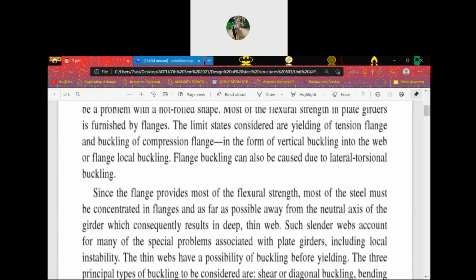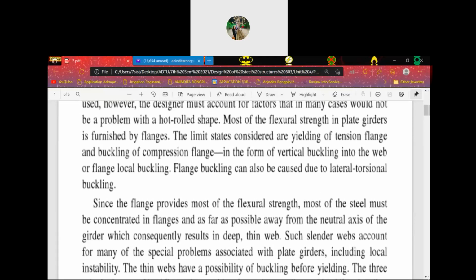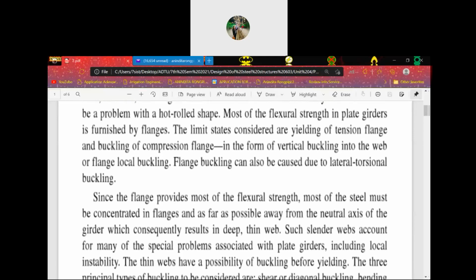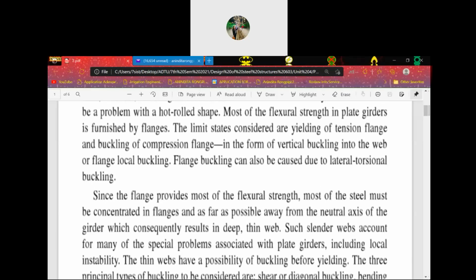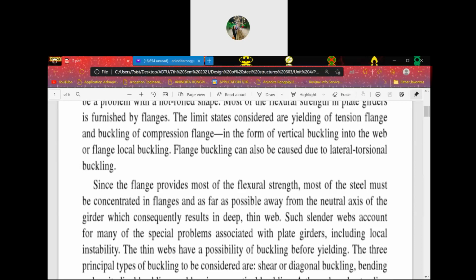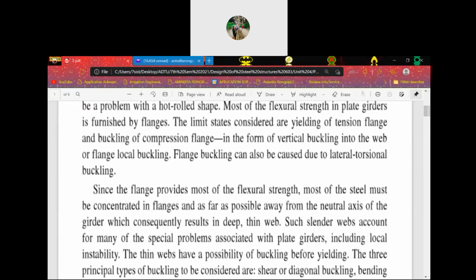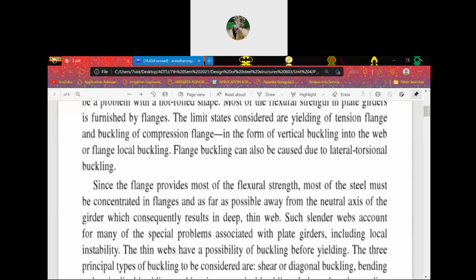Since the flange provides most of the flexural strength, most of the steel must be concentrated in the flanges and as far as possible away from the neutral axis of the girder, which consequently results in a deep and thin web. Such a slender web accounts for many of the special problems associated with plate girders, and this includes local instability.